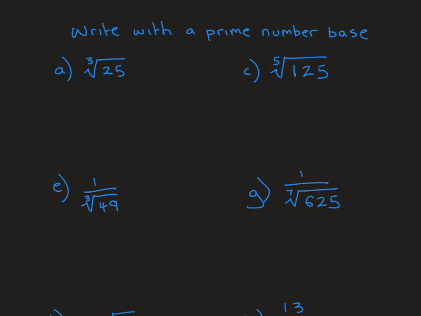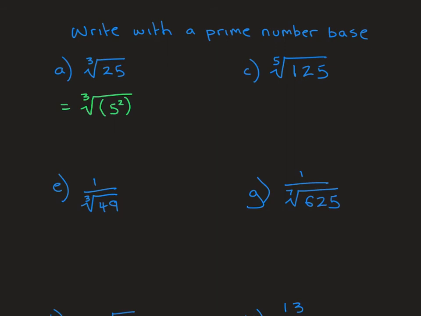Okay. So, all right, let's look at the first one. How can we rewrite 25 with a prime number base? And hopefully the first thing that pops to your mind is that 5 times 5 is 25. So we can rewrite 25 as 5 to the power of 2. 5 is a prime number, so that's okay to have as the base.